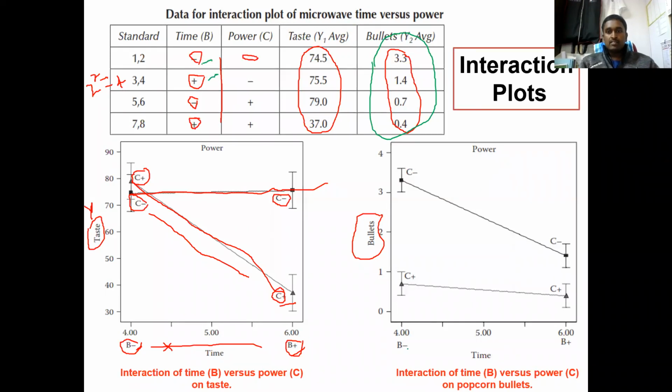With C plus, there is no drastic difference. Whereas with B at minus, when you increase B to plus while keeping C at minus level, once again you can see there is a drastic reduction in the number of bullets formed. So there is a little interaction between B and C.